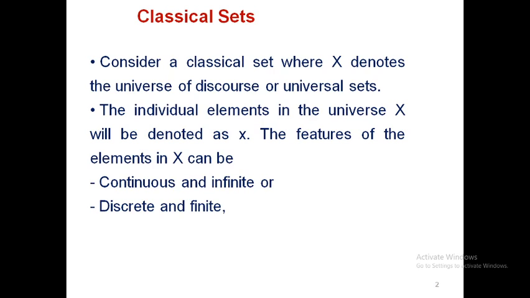You can take any intermediate value, even 1400.5 also, by using this fuzzy logic. You can use any value in between 0 to 1500. So that's why the features of the elements in that universe of discourse are continuous and infinite, as well as discrete and finite also.